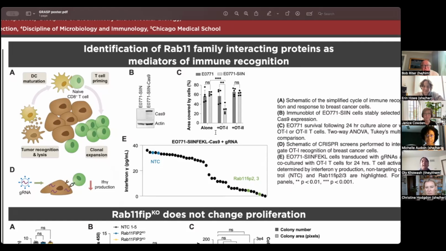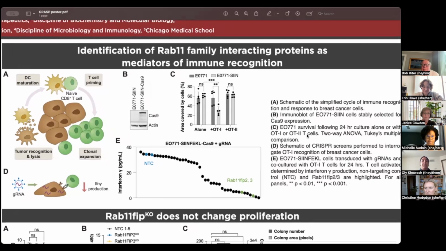And anywhere you see OT1, OT2, our OT1 cells are the T cells that are responsive to the really immunogenic protein that's being presented in our model, because that's going to help ensure that there is the interaction between that lock and key. So this is just showing that we do have changes in that immune recognition when we did a screen for that.